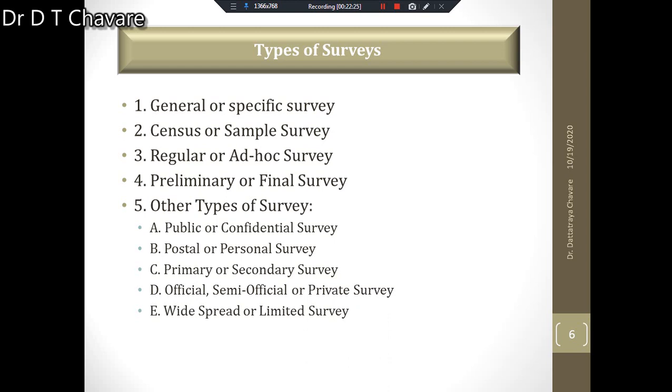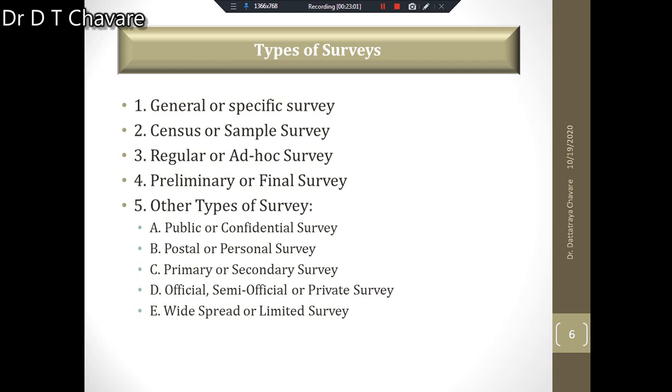It helps a researcher in preparing the schedule or questionnaire and organizing the final surveys on proper lines. Final surveys, on the other hand, are full-fledged surveys conducted on the basis of experience gained from the pilot or preliminary survey. Such a survey is also conducted, and that is entitled preliminary or final survey.